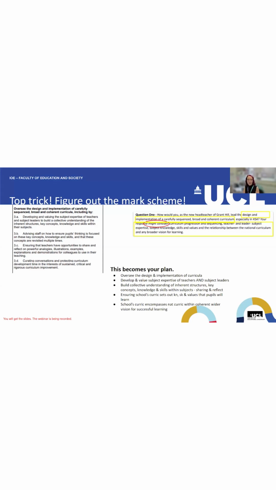I know that I need to ensure that the school's curriculum sets out knowledge, skills and values that the pupils will learn, and that it encompasses the national curriculum with my vision or the school's vision for successful learning. So that becomes my plan, and I guarantee you that is what is in the mark scheme. So that's how you figure out the mark scheme. If you hit all of these, you are much more likely to get the pass mark that you need on that question.